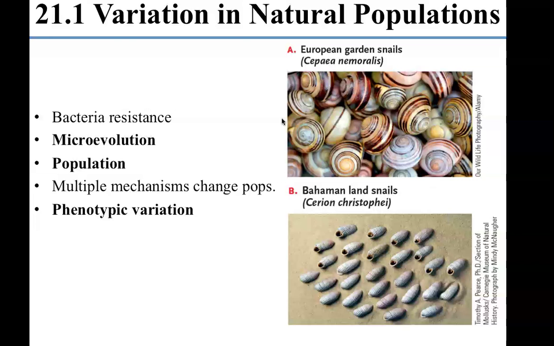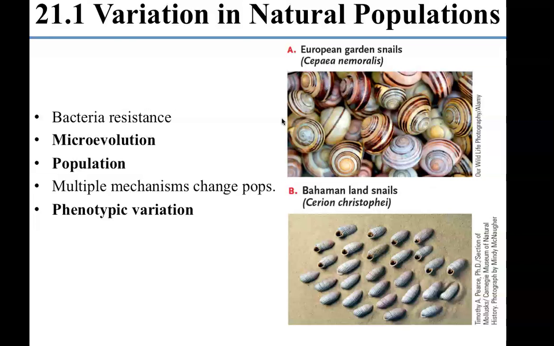Phenotypic variation is simply differences in appearance or function that are passed from generation to generation. I hope you know what a phenotype is: when you're looking at an organism, it's what it looks like. Populations have phenotypic variation. If you look at a population of gray squirrels, you would see that they vary.